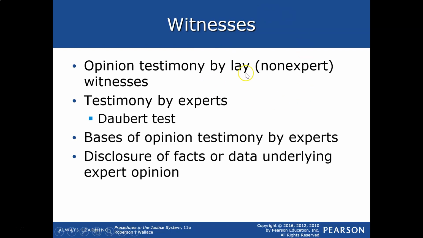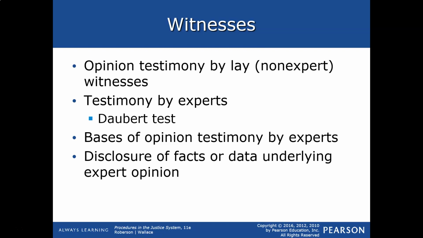Okay, I knew we were going to get to the lay witnesses and expert witnesses. Lay witnesses are people like you and me, who typically actually witnessed the crime or had something to do with the people who committed the crime. Maybe they were involved in some way or another. Then you have expert witnesses, who typically were not involved with the crime and probably weren't even there, but they have some other type of expert information about gunshot residue, fingerprints, DNA, things like that.